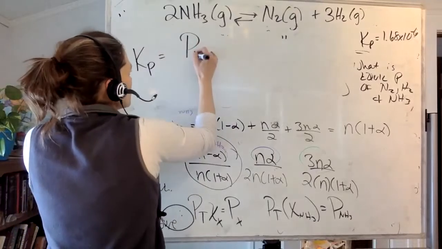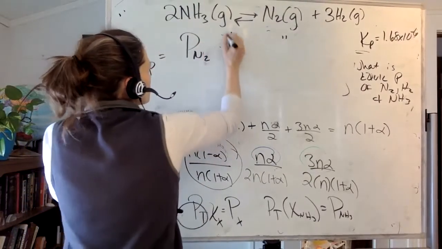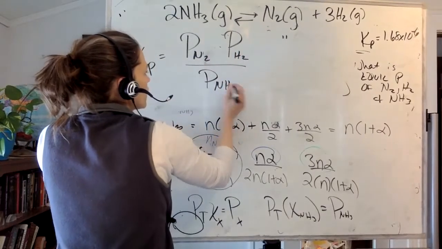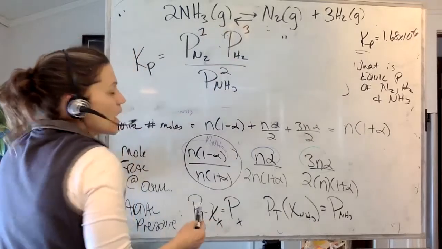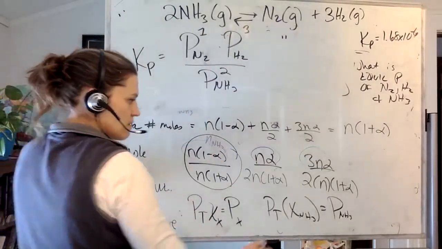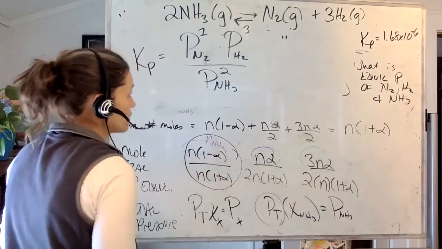So this is the pressure of N2 times the pressure of H2 divided by the pressure of NH3, raised to the appropriate stoichiometric coefficients. And these are the partial pressures of each one. And so I would take the total pressure and multiply that by each thing.